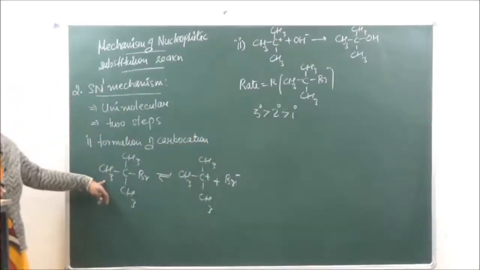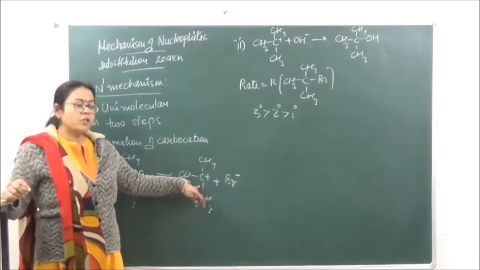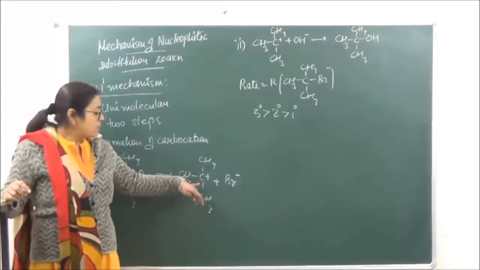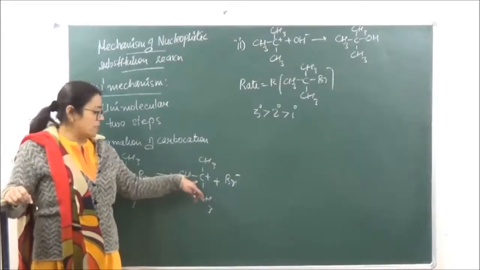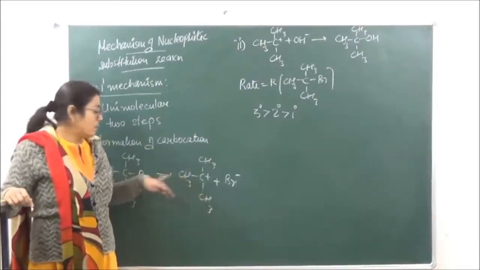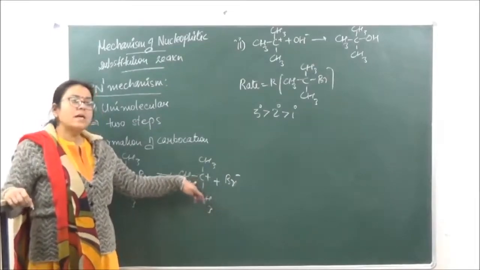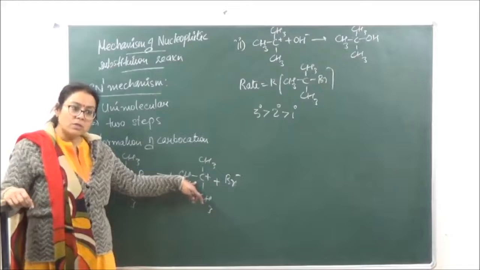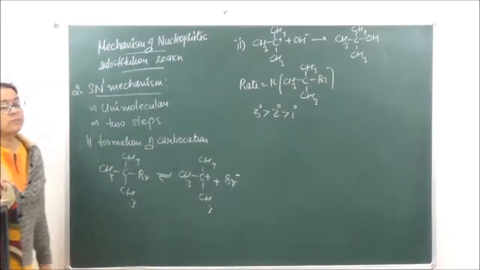If you're looking at the first reaction over here, the reaction that is taking place by the formation of the carbocation. Now because the reaction is reversible also, the more stable the carbocation, the more the reaction will go in the forward direction and the more easily the carbocation is going to be formed. Okay? So here you know that tertiary carbocation is always more stable.